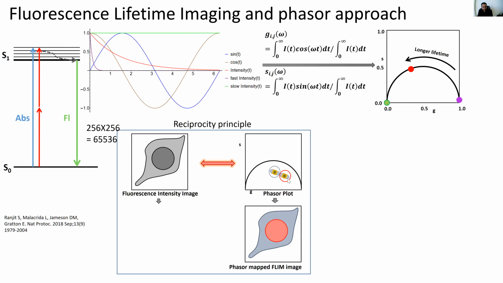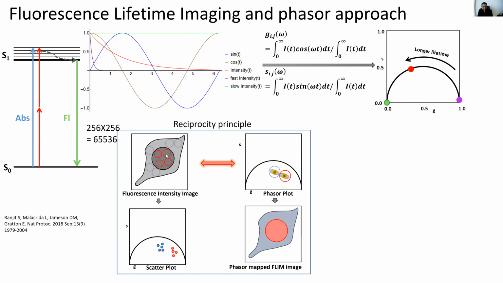Now, you can use part of this phasor plot to select what kind of lifetime signature or phasor signature they have. And you can see where in the image that goes through. This is very important because let's say if you have a very few pixels of a very different lifetime, that would be a very separate position here, and then it will allow you to look at that, which conventional fitting approaches would not allow you.